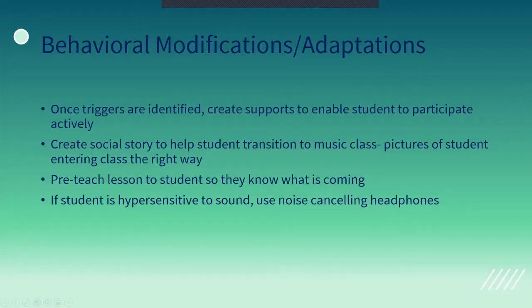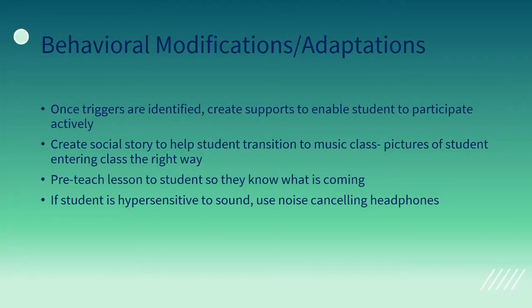Okay, some modifications or adaptations that would be good to implement into your lesson plans would be, once the triggers are identified, create supports to enable that student to participate actively. You want to keep them in the lesson. Anything that you can do to help is very important.